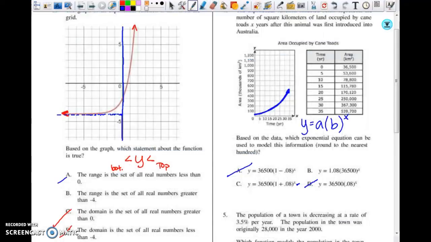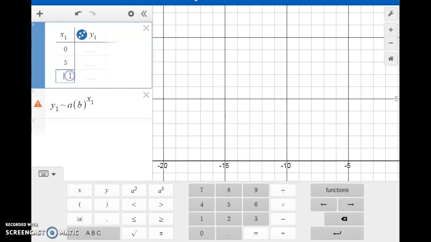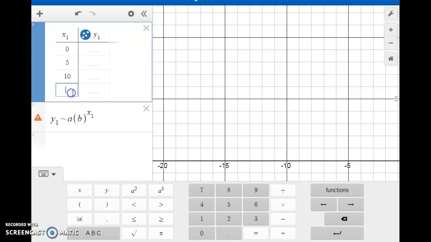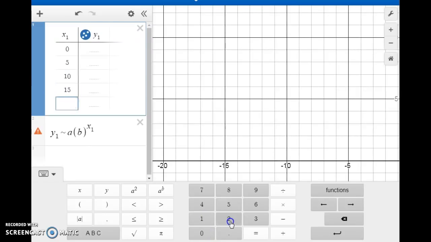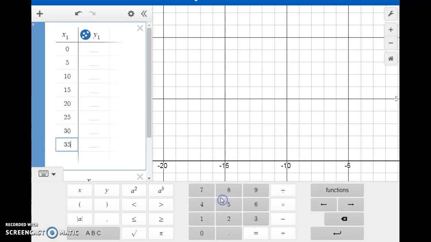Okay, so you'll put in your points, 0, 5, 10, 15, 20. So it goes all the way to 35. 0, 5. Okay, and then the other numbers, now it's talking about area, which is really big.